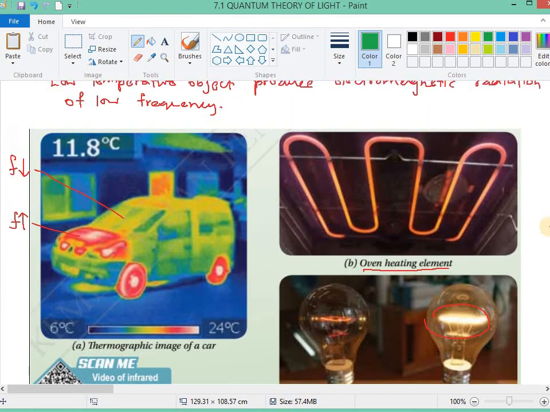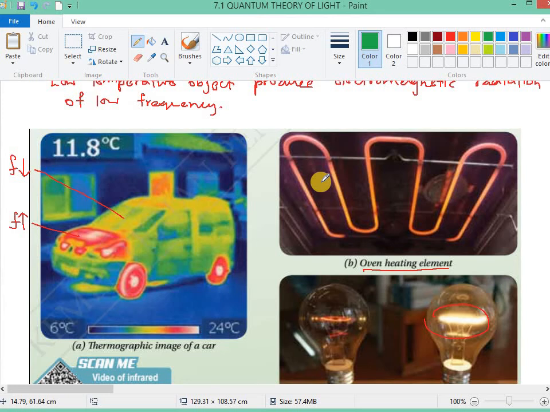Let's say we look at this oven heating element. Do all of the parts shine or glow at the same color? No, right? Some parts glow at a brighter color. Some is dark red color. Why like that?